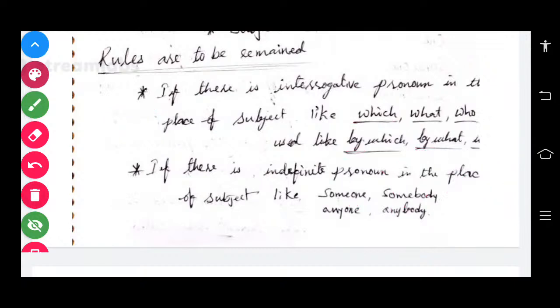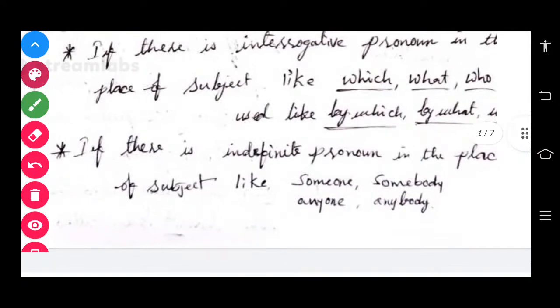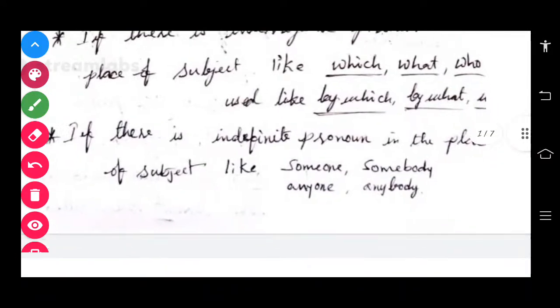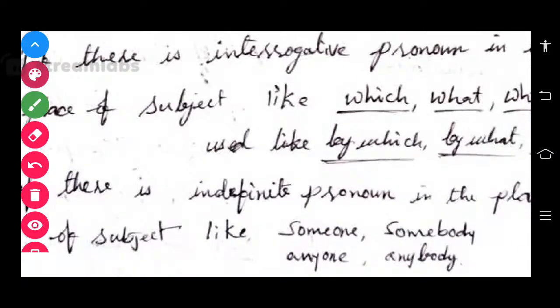And if we look at the second rule, what is the second rule? See, if there is an indefinite pronoun, mostly today's class would go on these indefinite pronouns. What are indefinite pronouns?